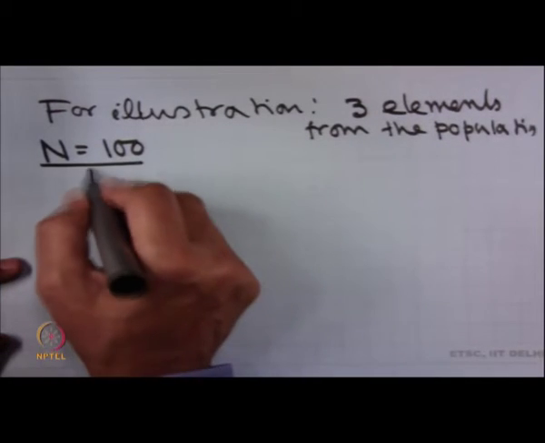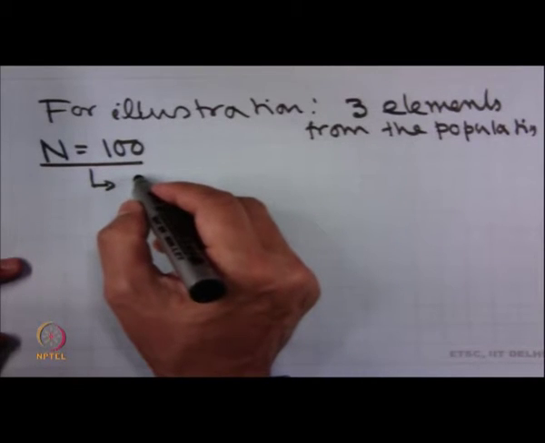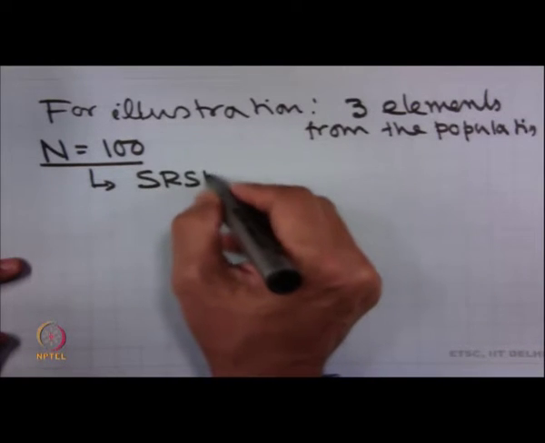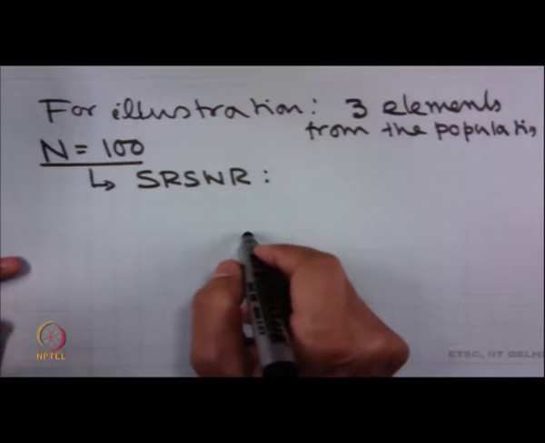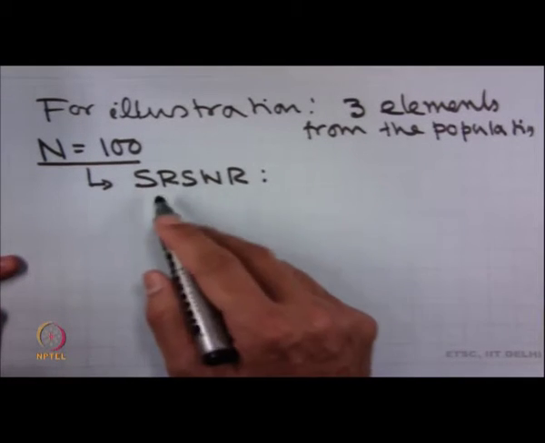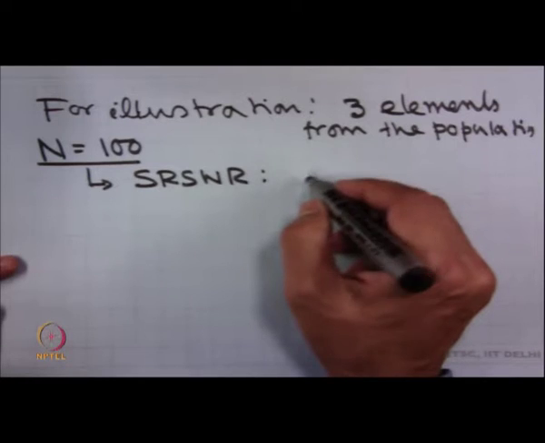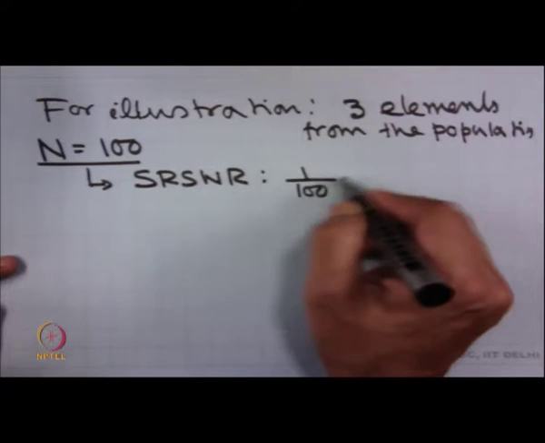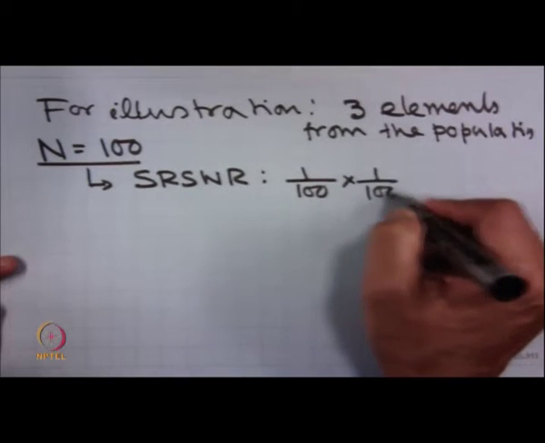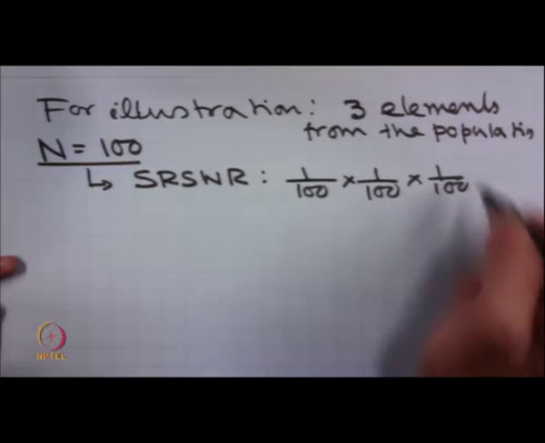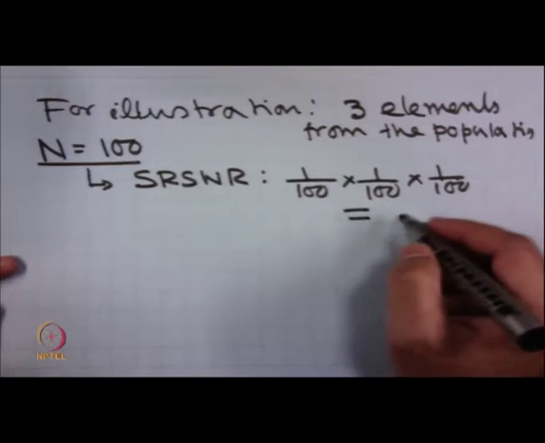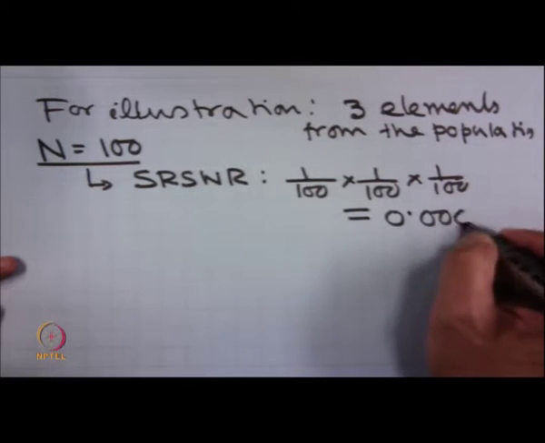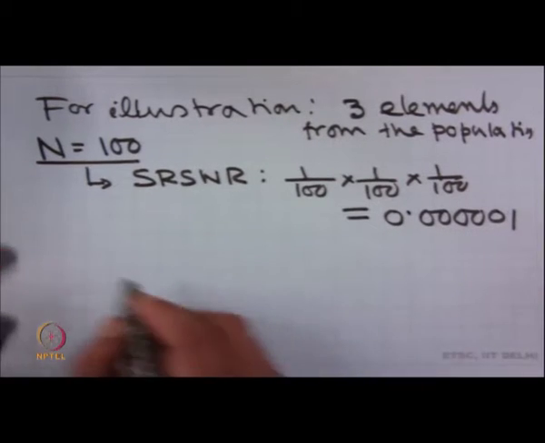So, when n is equal to 100, under SRS WR, that is simple random sampling with replacement, the probability of a triplet is 1 by 100 into 1 by 100 into 1 by 100, which is equal to 0.000001.